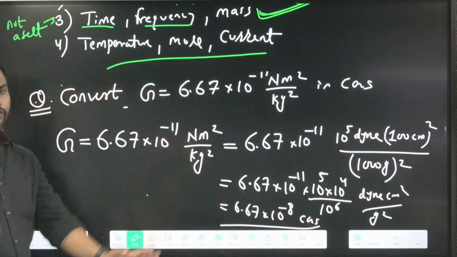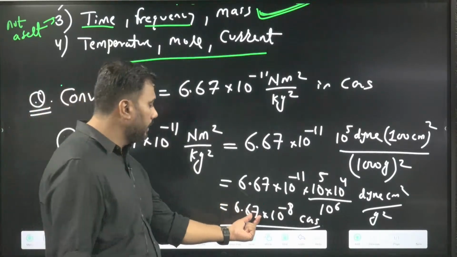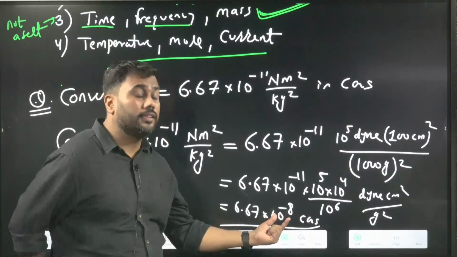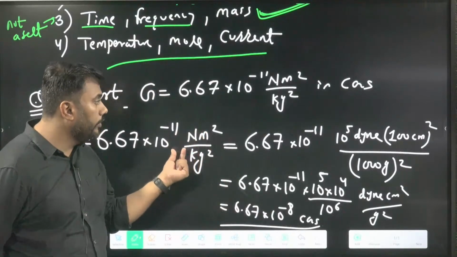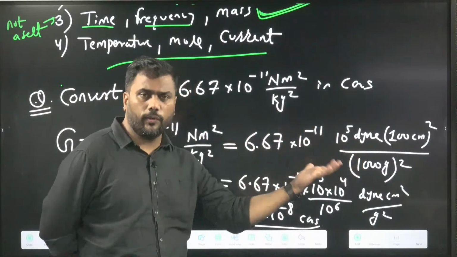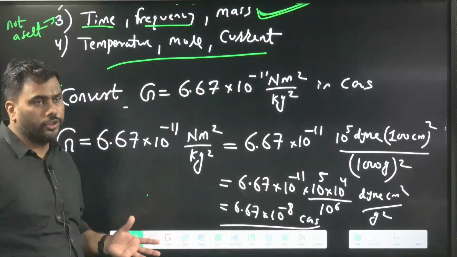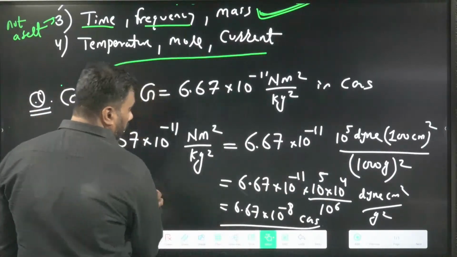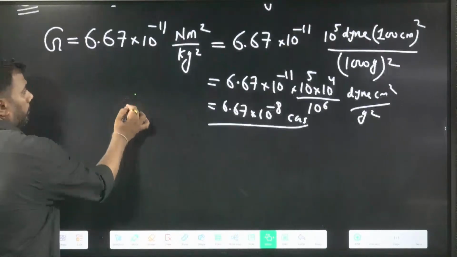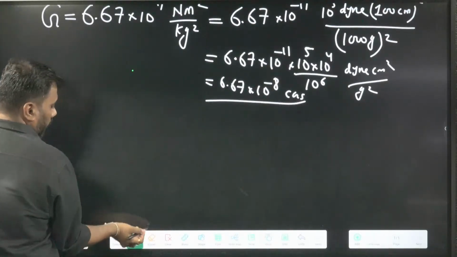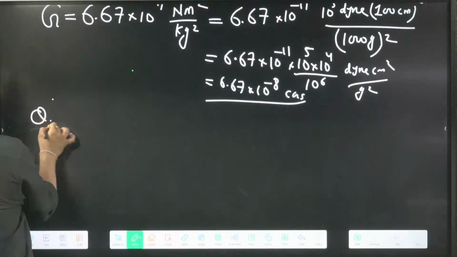This is the correct answer for G: 6.67 into 10 power minus 8. How am I converting this? I am converting every unit here into CGS. This is a quick way to convert units. Clear? So we are just doing some questions regarding units and dimensions. Okay, next question.